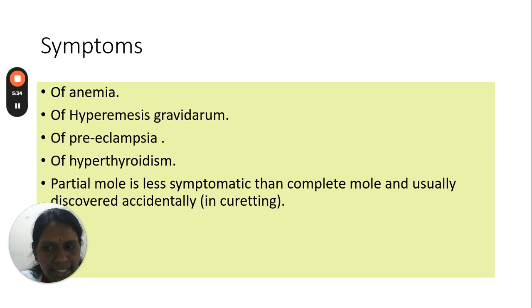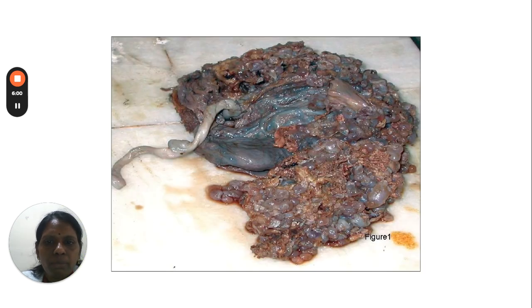Karyotyping is 46XX in complete mole and 69XXX, 69XXY or 69XYY in partial mole. The origin of chromosomes is paternal in complete mole, while both maternal and paternal in partial mole. So these are the differentiating factors between complete mole and partial mole.